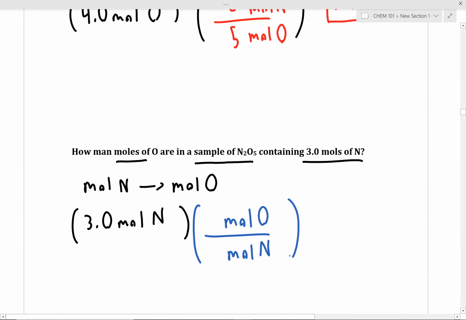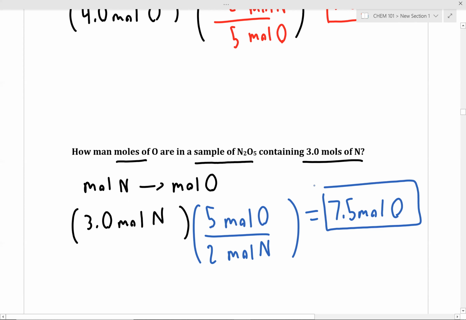How many moles of oxygen do we have? 5. And how many moles of nitrogen do we have? 2. So that in turn gives us 7.5 moles of oxygen when you punch that into your calculator. Does everyone understand how the formula ratio functions?